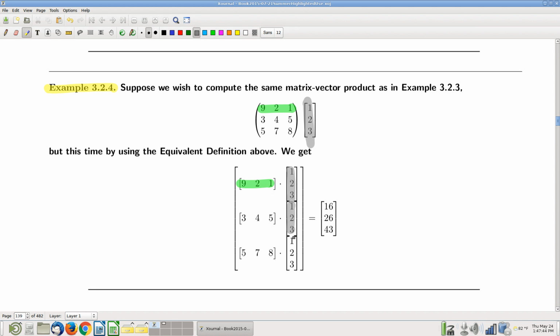We're dotting with the vector 1, 2, 3 for all of these. The first row gives you the first coordinate. The second row, dot the gray vector, gives you the second one, and the third row dot the 1, 2, 3 gives you the third coordinate.